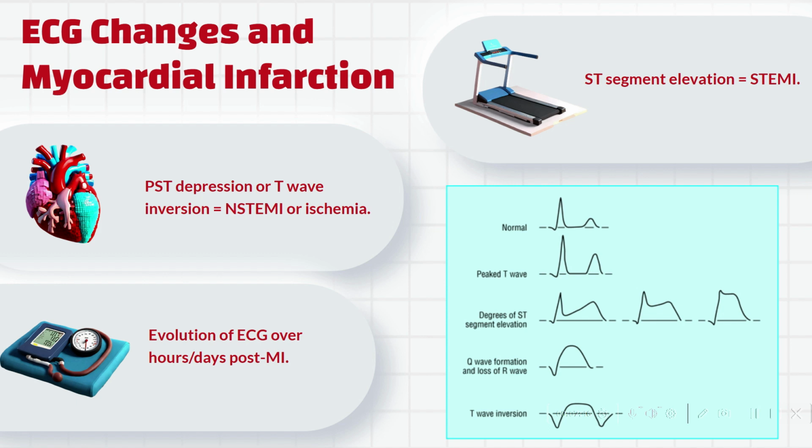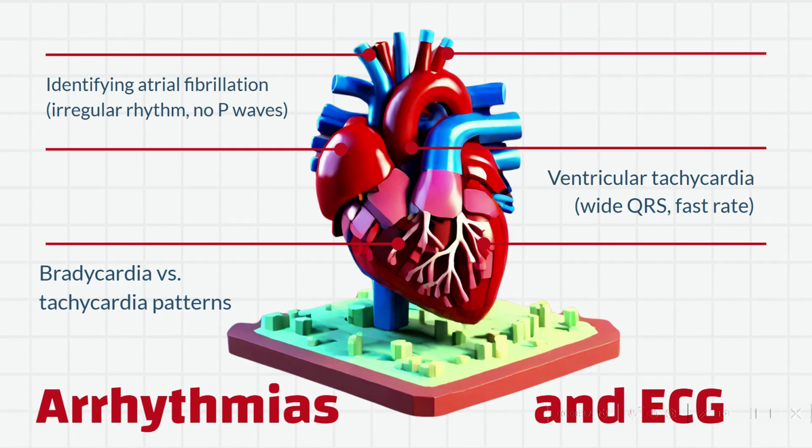ECGs are instrumental in diagnosing cardiac arrhythmias, which are irregularities in the heart's rhythm or rate. One of the most common arrhythmias is atrial fibrillation, which appears on an ECG as an irregular rhythm without identifiable P waves.